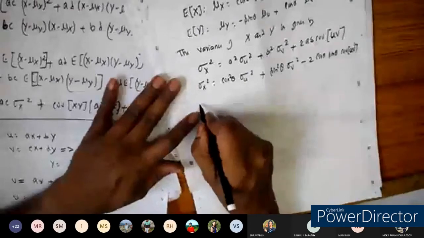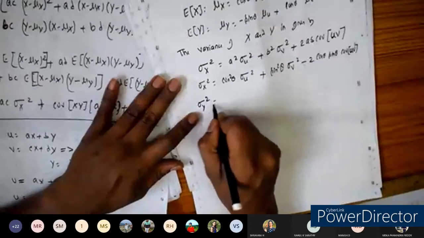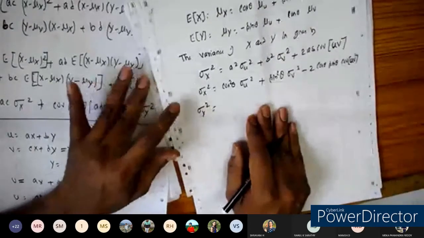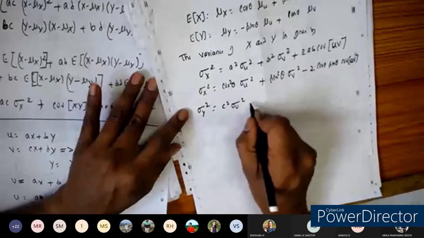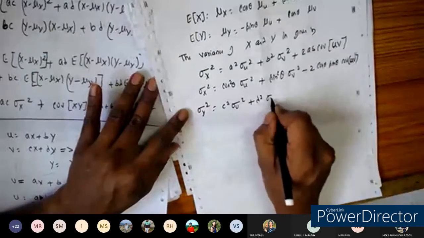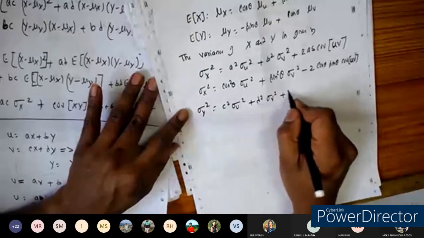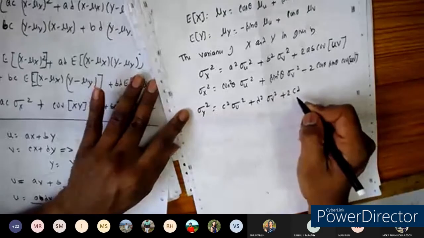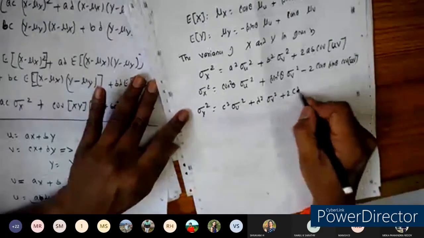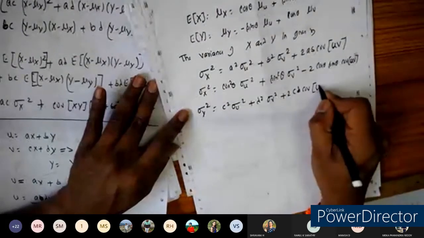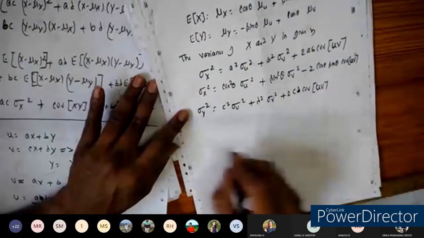Similarly, we can write the variance for the random variable y in terms of the transformed random variables. So it is c square into sigma u square, plus d square into sigma v square, plus 2cd into the covariance of u and v. c is sin theta, d is cos theta. Let us substitute here.